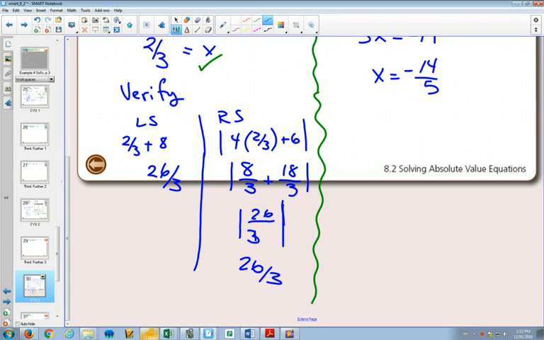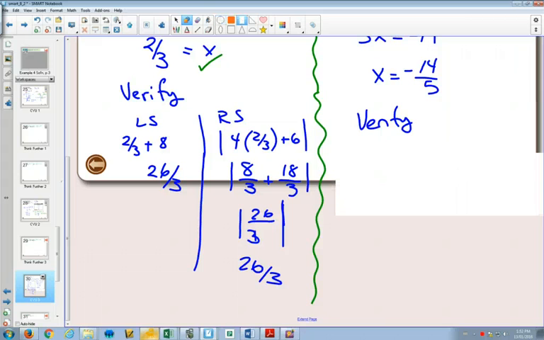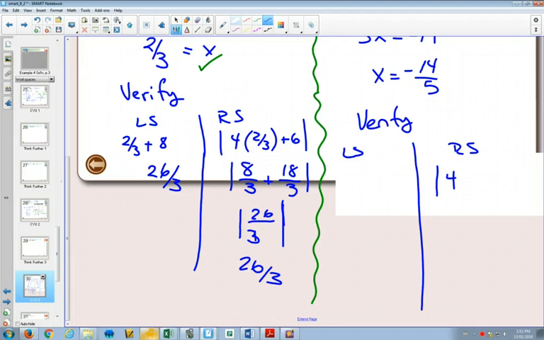And for the second one, when we're verifying negative 14/5, again, you set up your left side and your right side. One of the things to check for verification is, since my right side was in absolute values, what do we know about the right side of the equation?